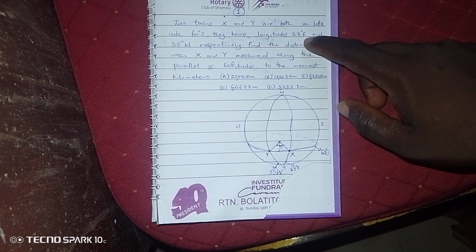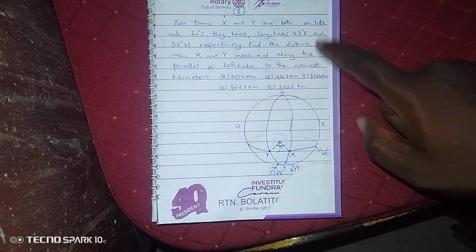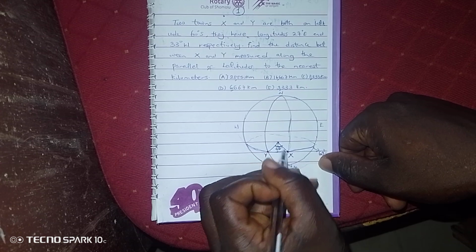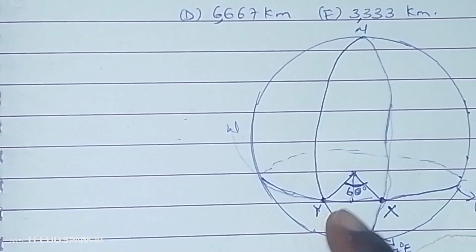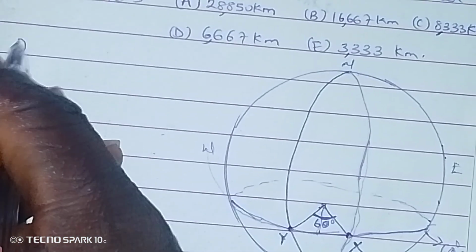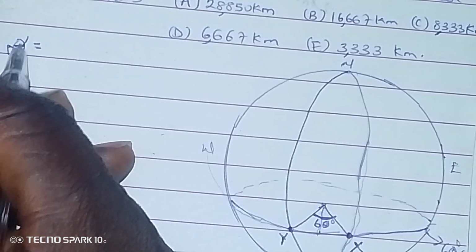So because we have 27 degrees east and 33 degrees west, I'll be adding 33 plus 27. So the angle at this center is 60 degrees because we sum them up. Let me call that angle alpha.